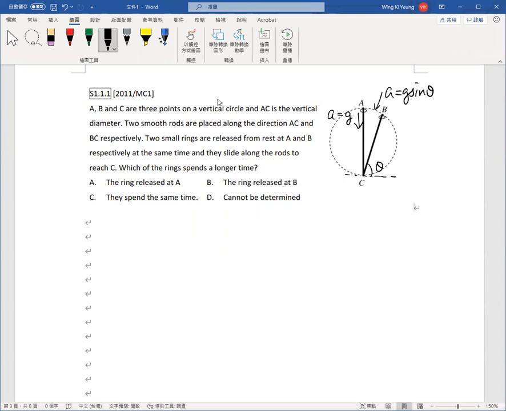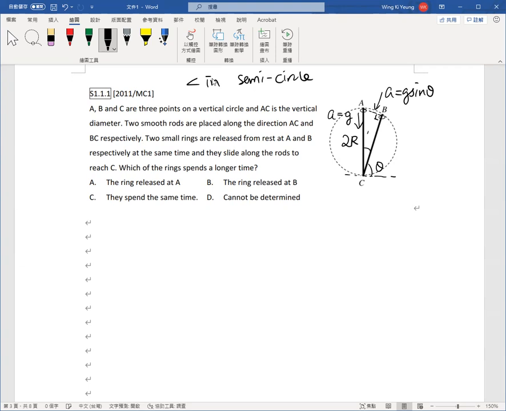You know that A is the diameter of the circle, and we have talked about this theory before. That is the angle in a semicircle, so this is a right angle. Let's say the distance between A and C is 2r, that is 2 radius.